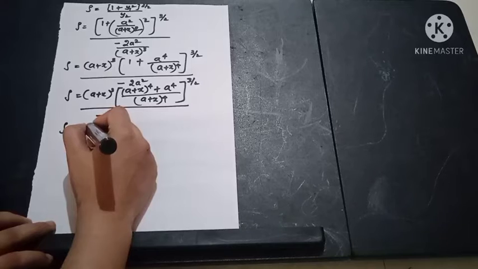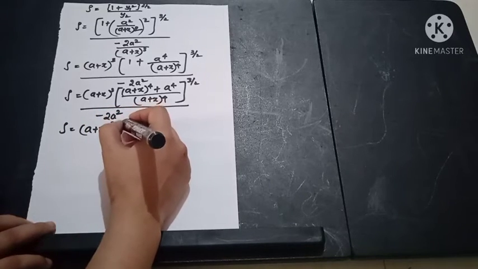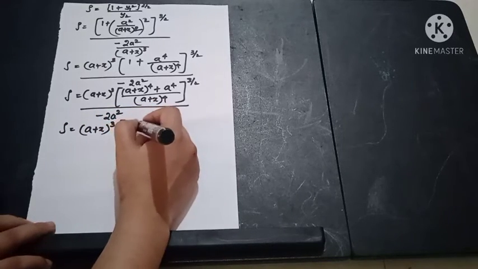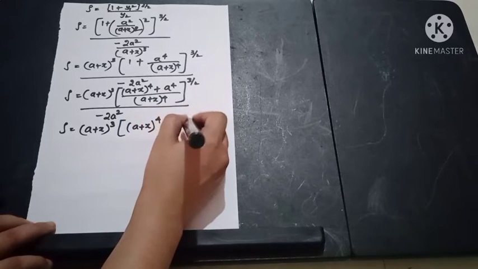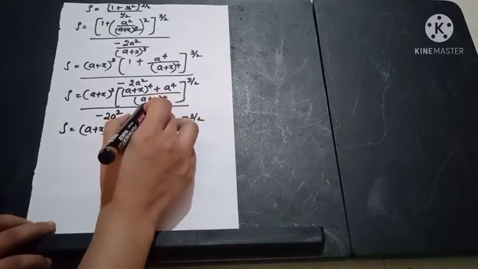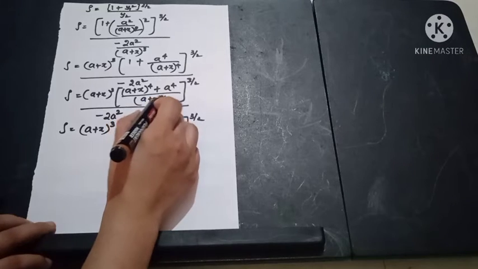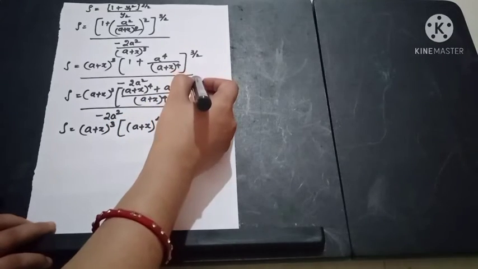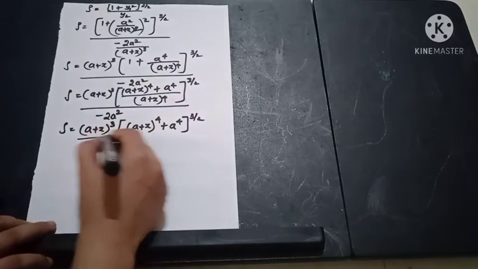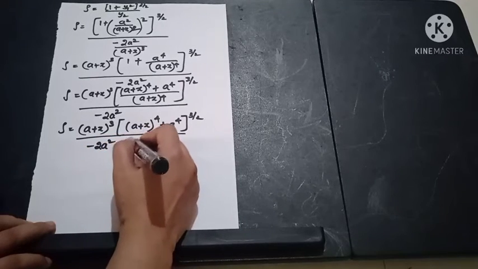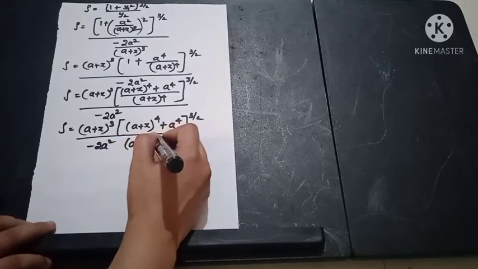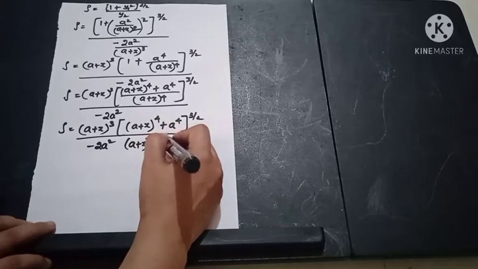Rho is equal to a plus x whole to the power of 3, a plus x whole to the power of 4 plus a to the power of 4, whole to the power of 3 by 2. We will take the a plus x whole to the power of 3 by 2 separately in the denominator. That is minus 2a square into a plus x whole to the power of 4, to the power of 3 by 2.